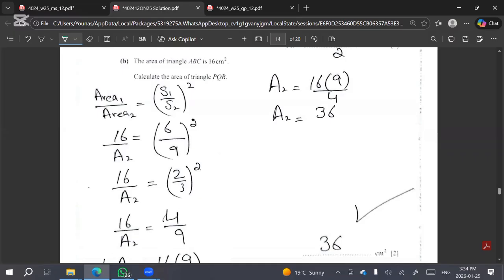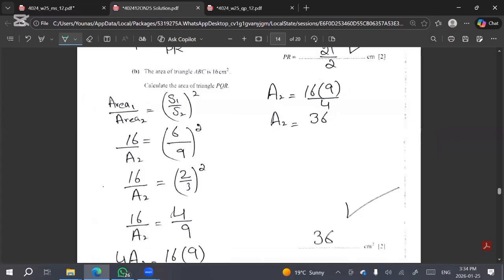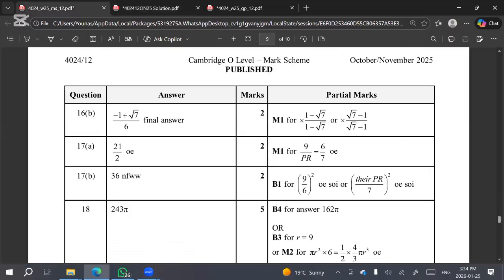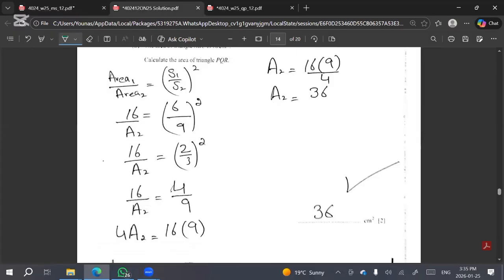So you will have 2 by 3. So when you take it squared, 4 by 9, cross multiply. When you cross multiply them, you will have 4 times the area 2 is equal to 16 multiplied by 9. So the A2 will be equal to 16 into 9 by 4. So the A2 will be equal to 36. So this is how you will find the area of the PQR, that is 36. 17B, 36 is the right answer, sir. This is how this is done.